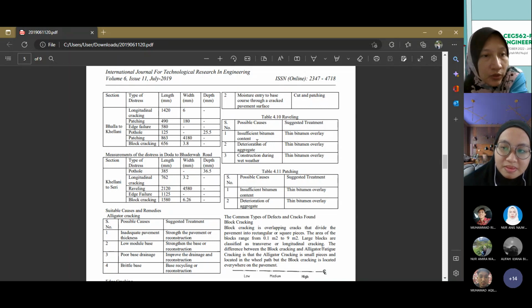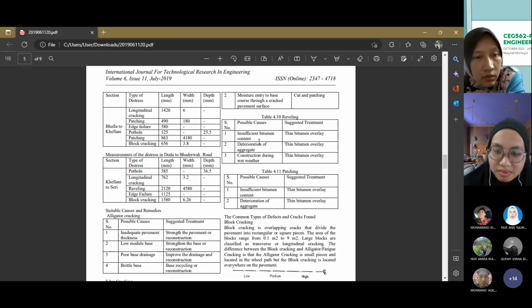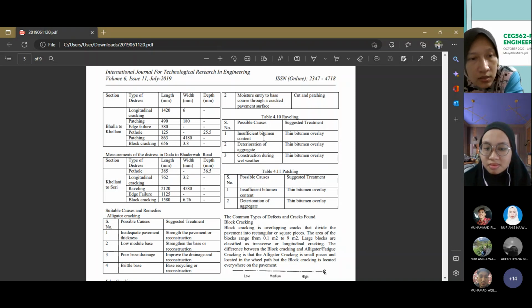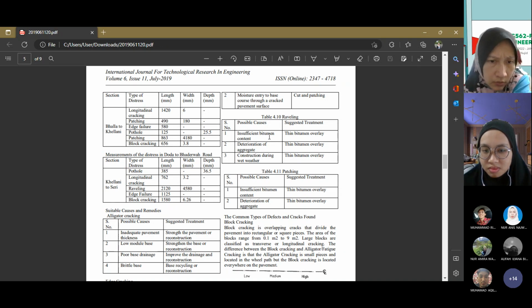Okay. Any theory and concept you may relate to highlight the causes? What is the modulus base just now, which is one of the causes of the alligator cracking, that you mentioned from the paper?